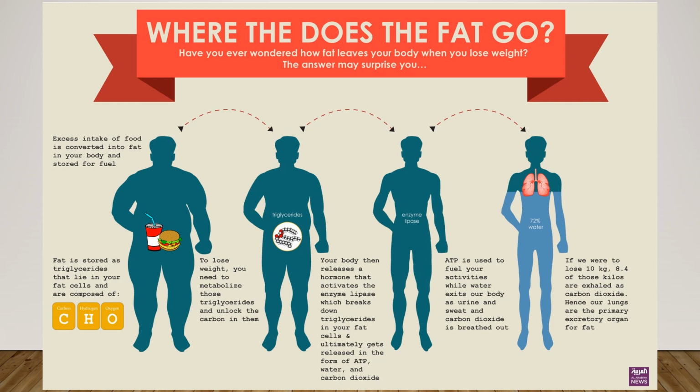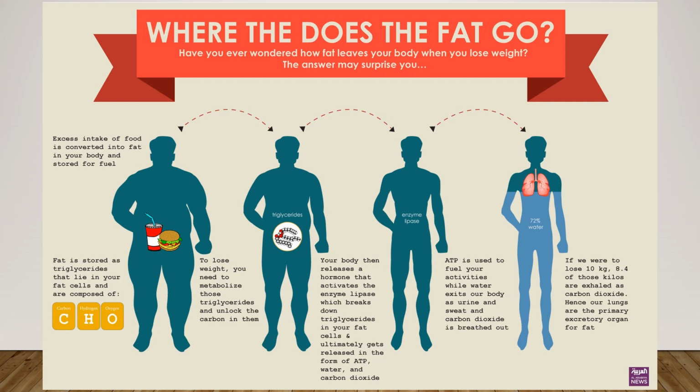Okay, let's start with this person who is eating a burger and having a cold drink. Excess intake of food is converted into fat. As I discussed, when you eat more than you need, your body stores it in the form of fat.